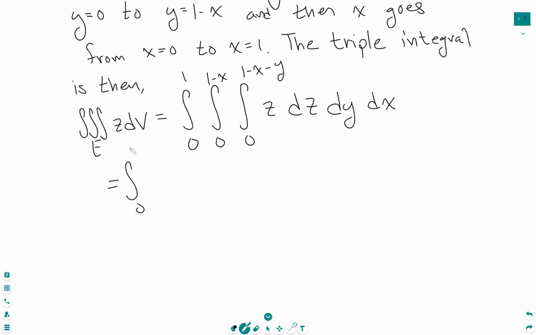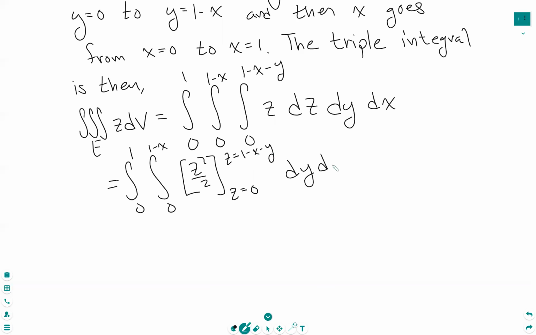So let's go ahead and actually do out these integrals. We can integrate with respect to z first. So we get z squared over 2, z equals 0 to z equals 1 minus x minus y, dy dx, integral from 0 to 1, integral from 0 to 1 minus x.